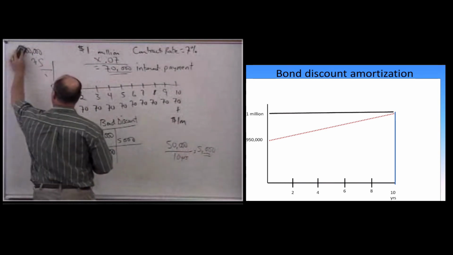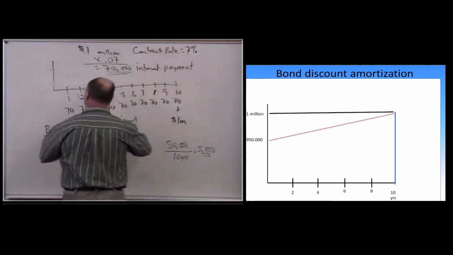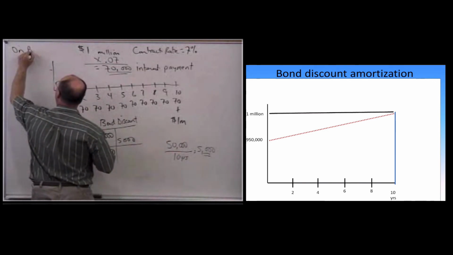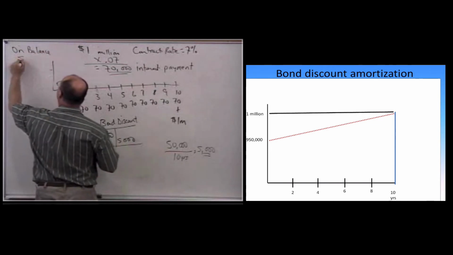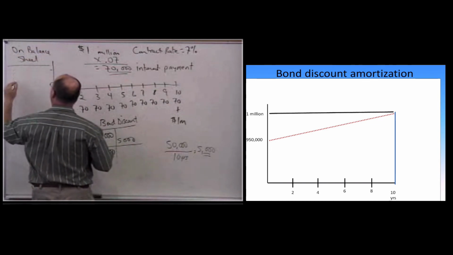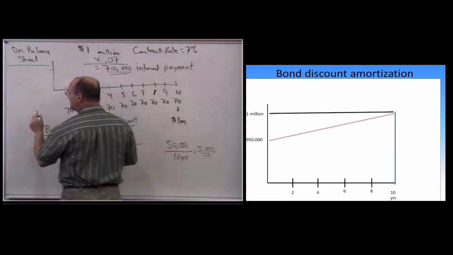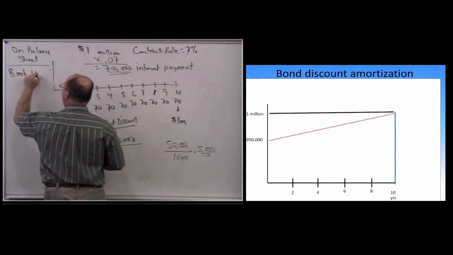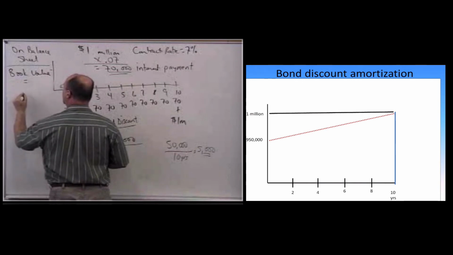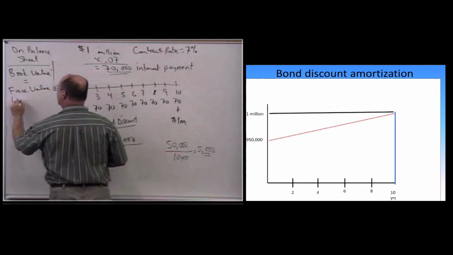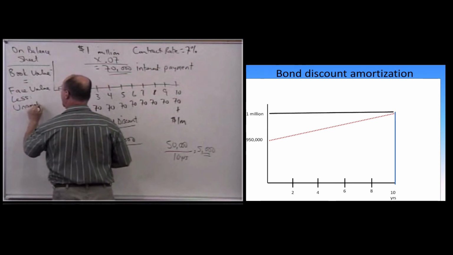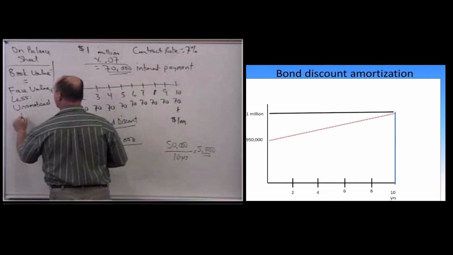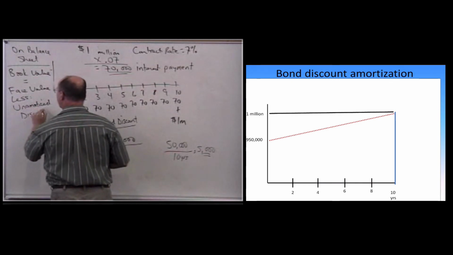On the balance sheet, I report the bonds at book value. Book value equals the face value less the unamortized portion of the bond discount.